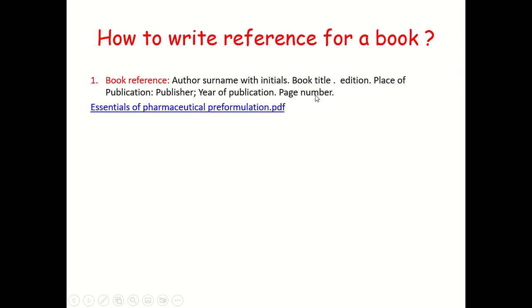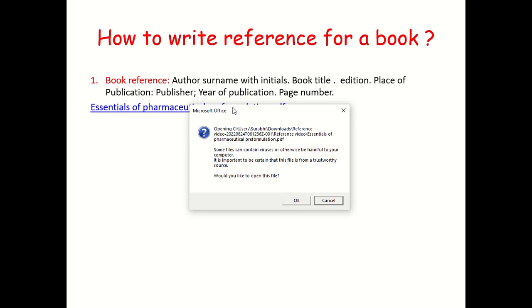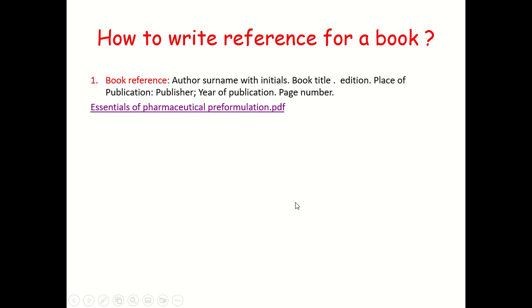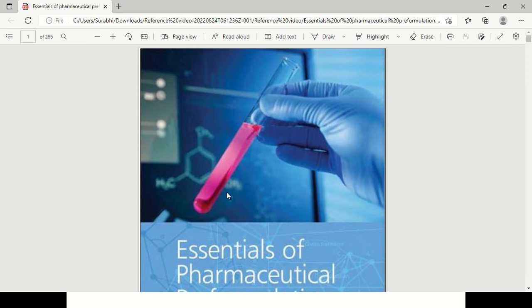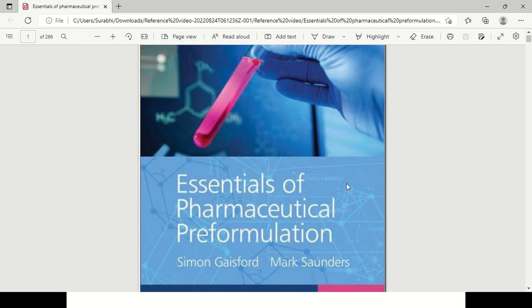Now, for example, this is a book, Essentials of Pharmaceutical Pre-Formulation. Let us see the page of this book. Here we have opened this book. You can see this is the title of the book, Essentials of Pharmaceutical Pre-Formulation.